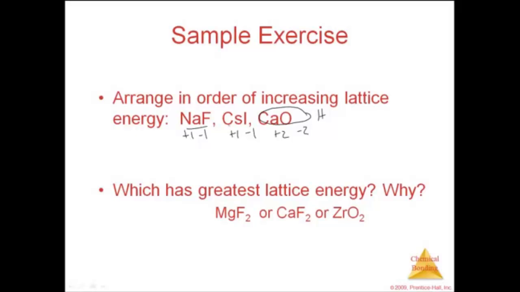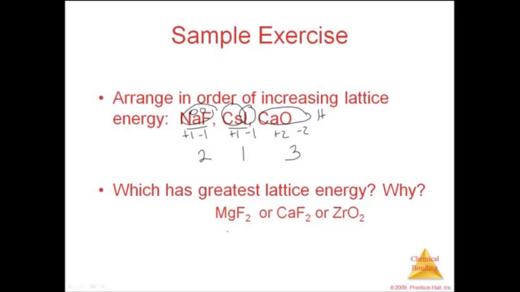And here I have, these are both +1, -1. So let's take a look at the comparison of the ion size. Sodium fluoride compared to cesium iodide. Cesium is bigger, right? Sodium is smaller. And iodide is also bigger compared to fluorine. So this is going to be higher than the cesium iodide. So this would be the lowest, second lowest, third lowest, or highest.